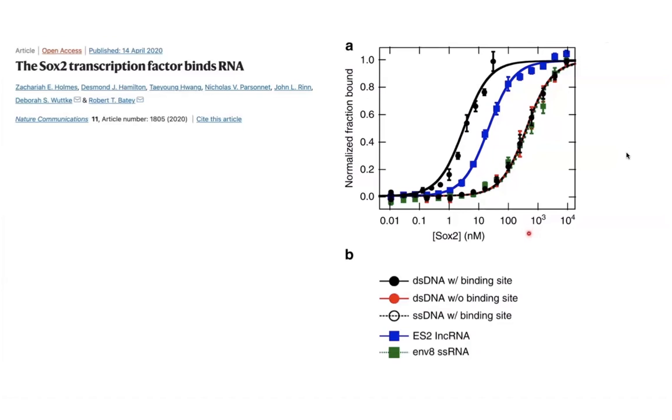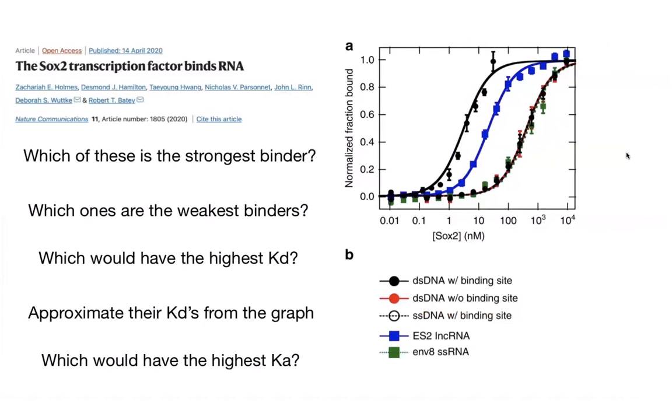You can see that we are in a log scale here, which is why we get these sigmoidal curves. Now I want you to interpret this graph. Pause the video and answer the following questions. Which of these is the strongest binder? Which ones are the weakest binders? Which would have the highest KD? Approximate those KDs from the graph, and then tell me which would have the highest Ka.